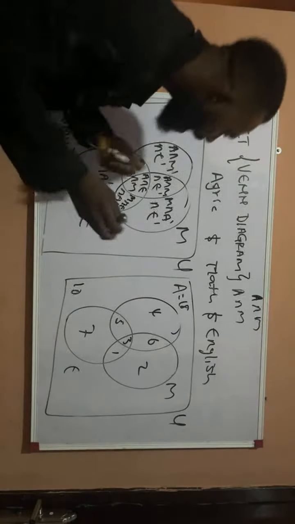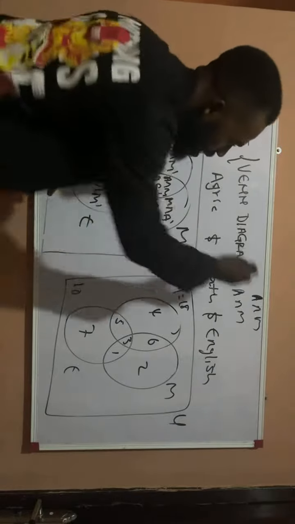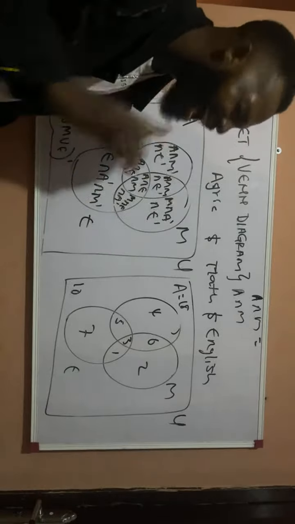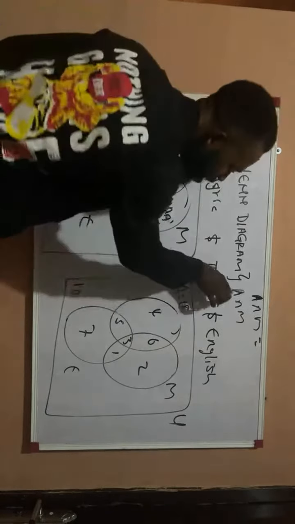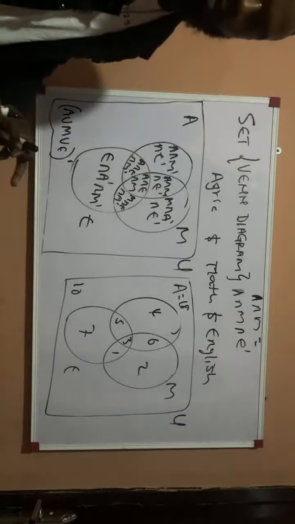English. So when I say, what are the numbers of students that offer Greek and mathematics, it means I'm looking for this. Now, when I say numbers of students that offer Greek and mathematics only, it means the student offers Greek, the student offers mathematics, but the student does not offer what? English only. So now, let us see the difference in the answers.